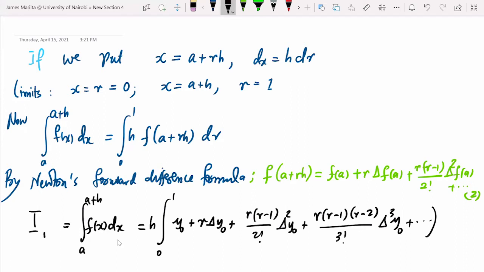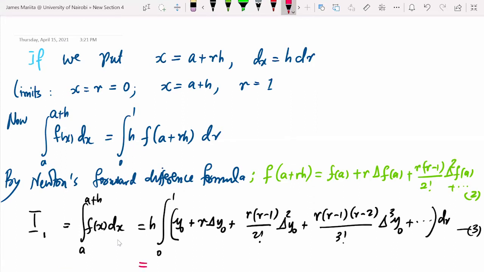And of course, the whole of that, we integrate with respect to r. Let's call that equation 3.